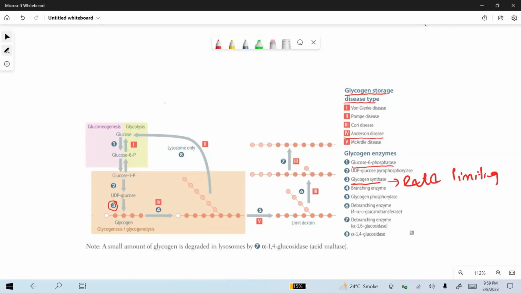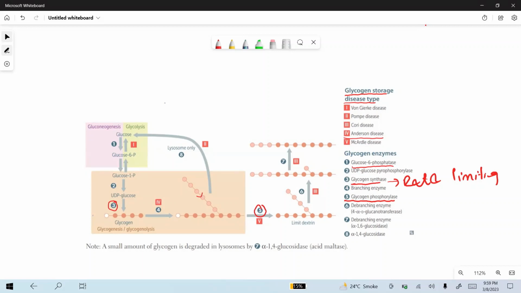Limit dextrin is basically the structure formed by the action of glycogen phosphorylase on the branched form of the glycogen. It removes 3 to 4 glucose residues from the branch of the glycogen and adds some of them to the linear glycogen, and some of the glucose is released in this way.